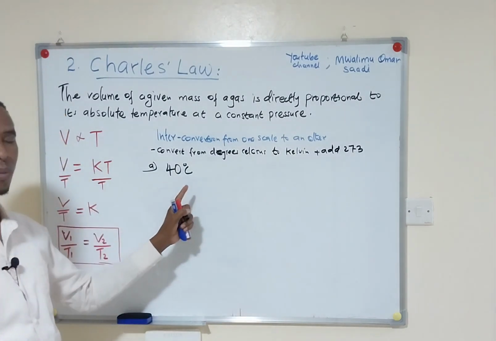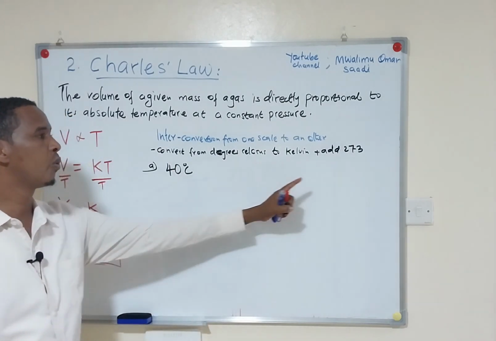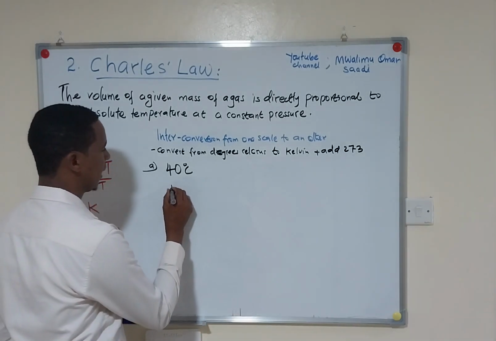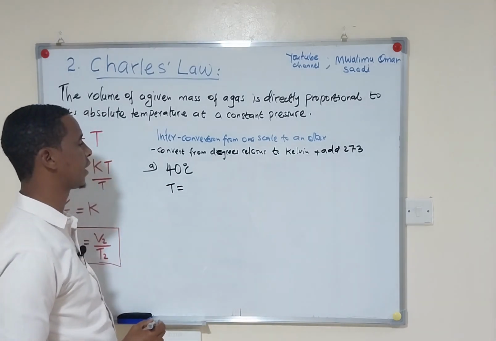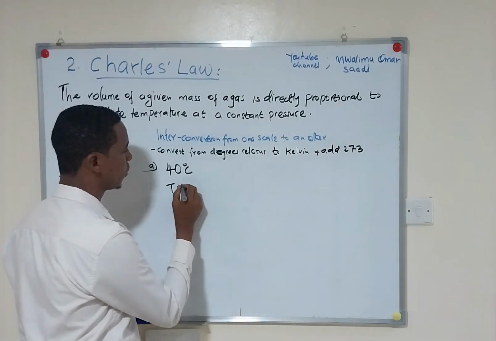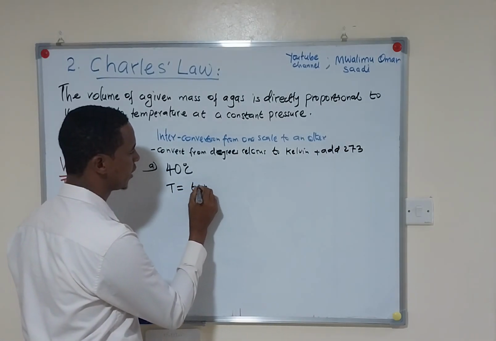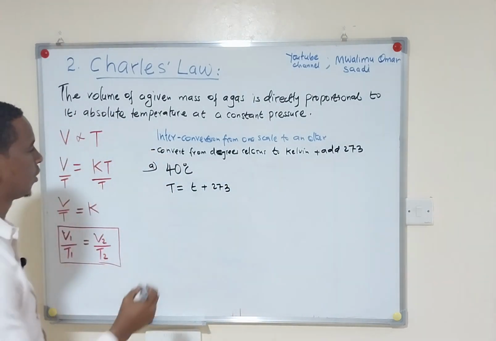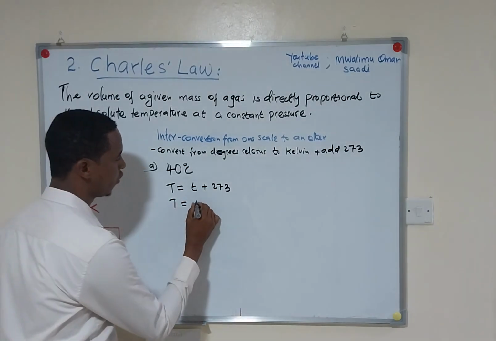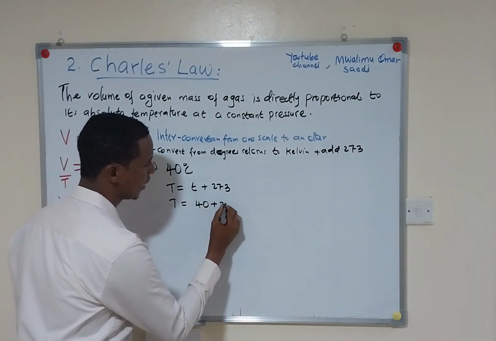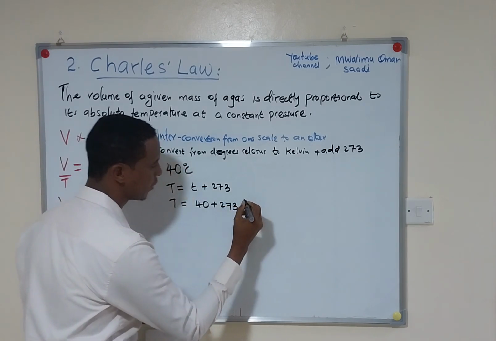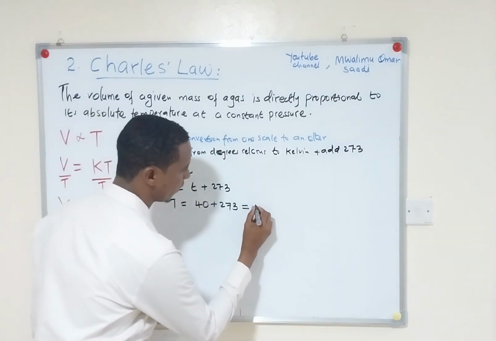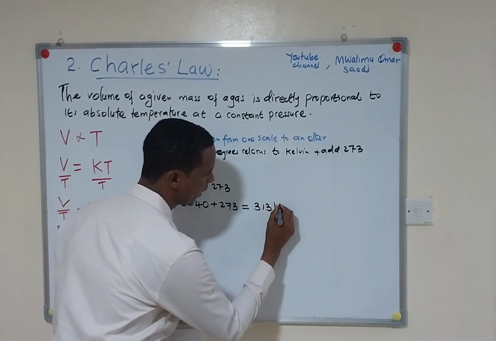So if you are converting from degrees Celsius to Kelvin K, you add 273. So now T capital, that is temperature in Kelvin K, will be small t, which is 40, plus 273. So T is equal to 40 plus 273. That will be 313 K.